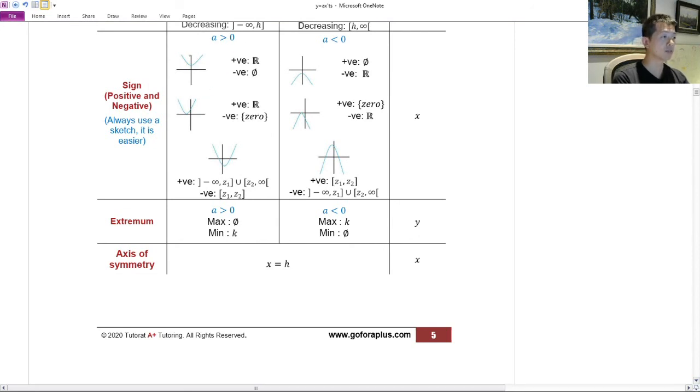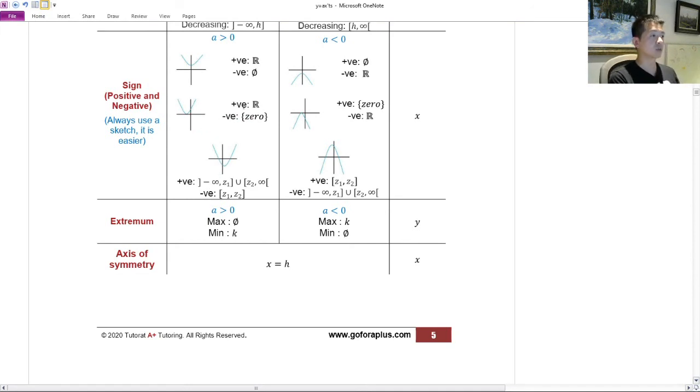Okay, so we can always follow this. If it's positive, opening upward, so positive would be all real numbers, and it's impossible to have negative, there's no zero. If there's one zero, positive is all real numbers, negative is just the zero. Remember, if it's strictly positive or strictly negative, then the point that is touching the x-axis doesn't count. If there's the word strictly, you don't count the zero.